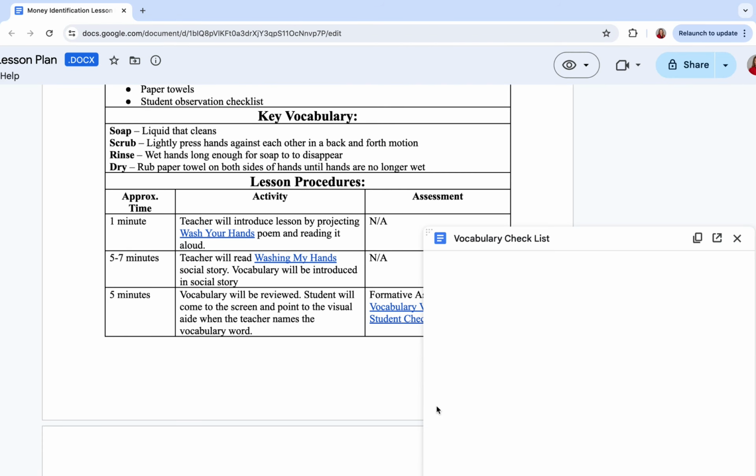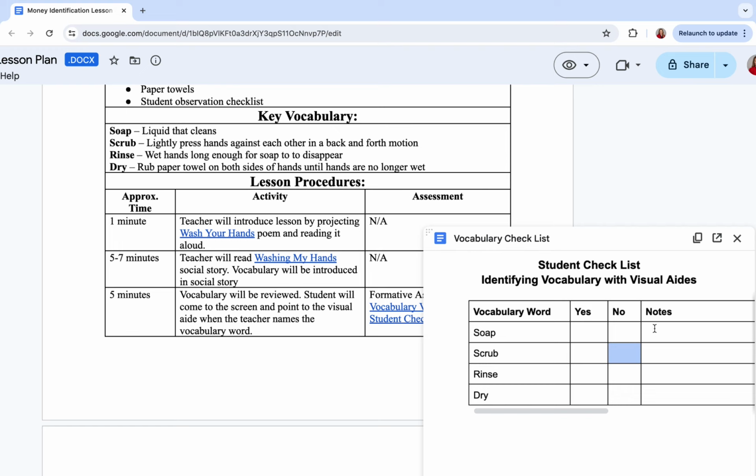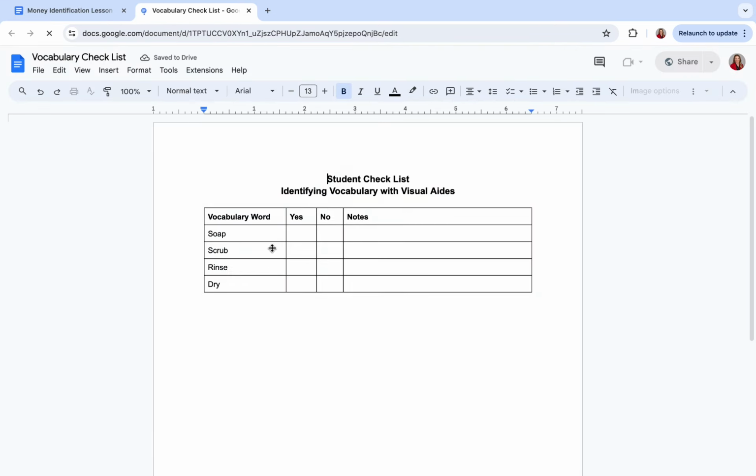At that time, I would use this checklist to ensure that Ben was able to identify the images for our vocabulary.